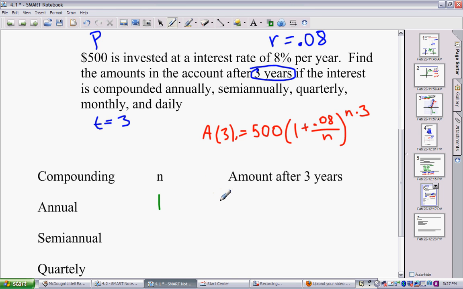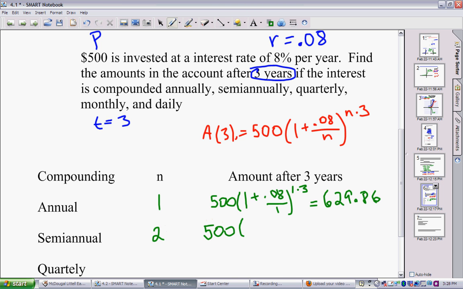So we plug in 1 for n, 500 times 1 plus 0.08 over 1 to the 1 times 3, and you get 629.86. Semi-annually, it's 2 times a year. Plug it in for n. 500 times 1 plus 0.08 over 2 to the 2 times 3 gives you 632.66.